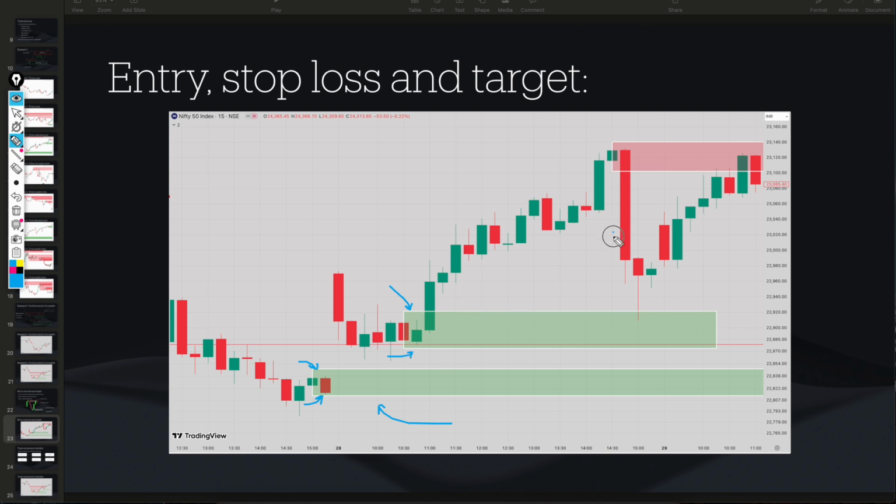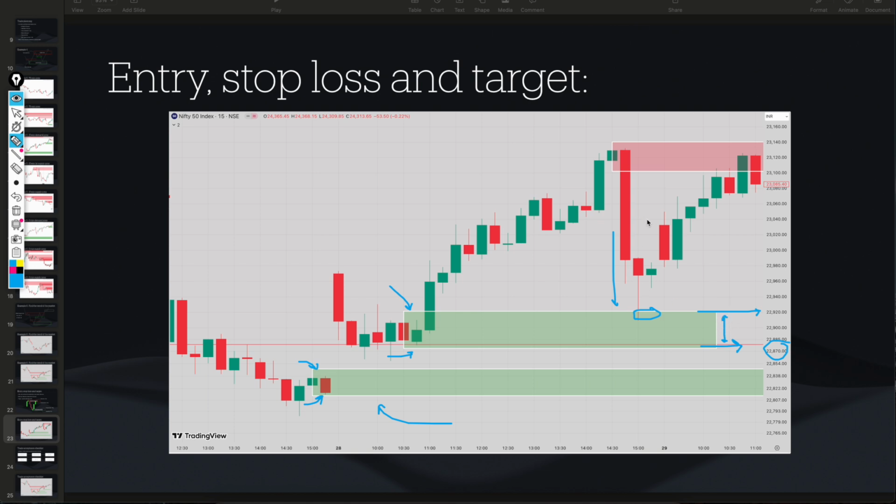The market came into this zone. We have entered at our proximal line somewhere around here, 22,920, sorry, keeping in mind that 22,870 or 860 or something like that should be my stop loss, which is this particular range.